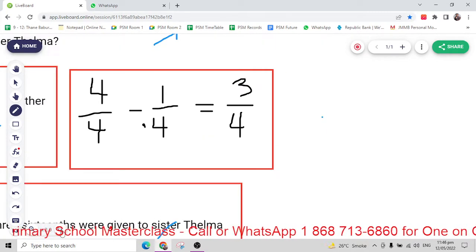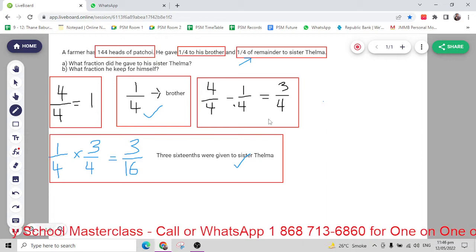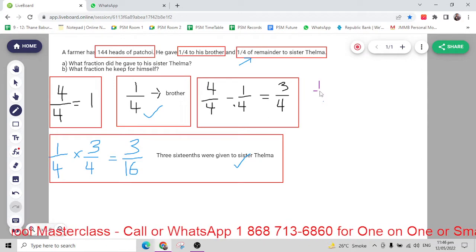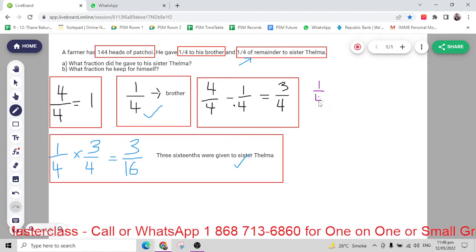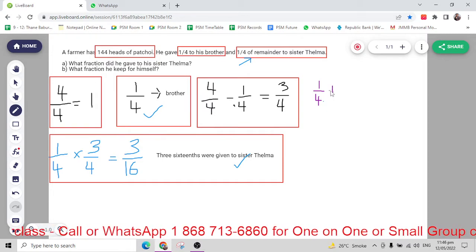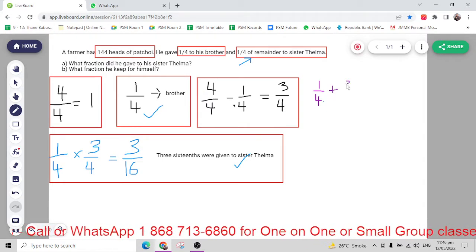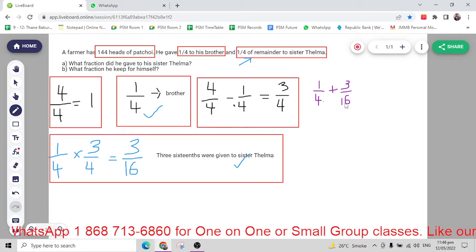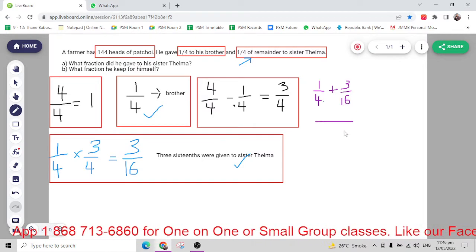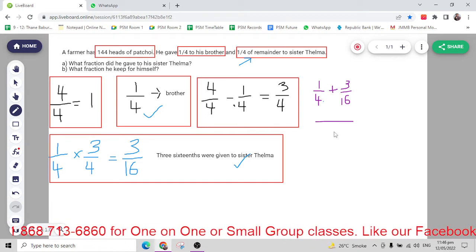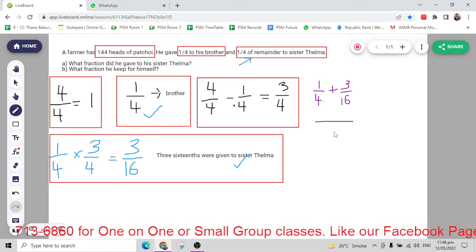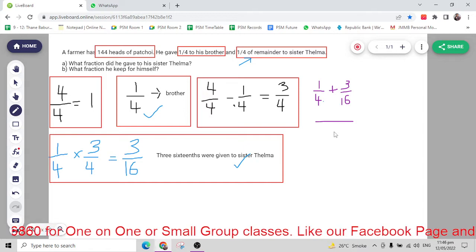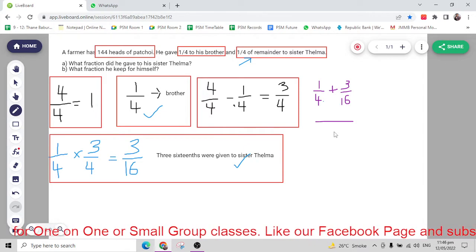Since a quarter was given to his brother, and since 3/16 were given to Sister Thelma, we want to find out the fraction that was given away to other people.